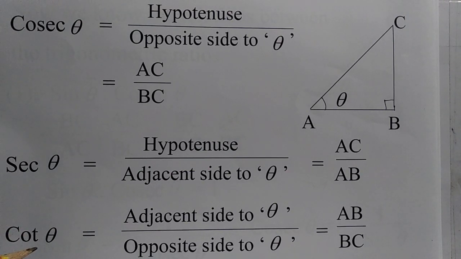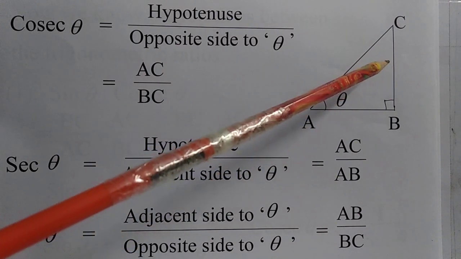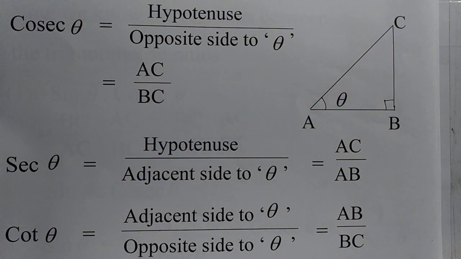And cot theta equal to adjacent side to theta by opposite side to theta, AB by BC. Note down these.